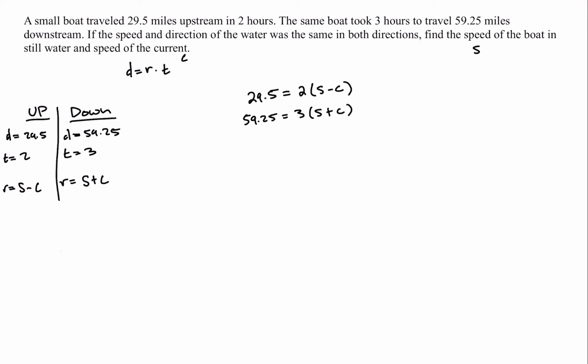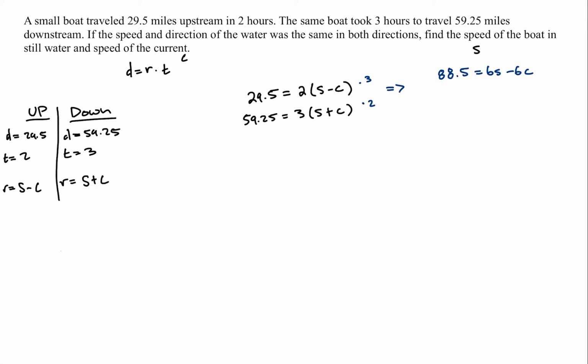Now that I have my two equations, I need to solve this some way. I'm going to do this by elimination. How I'm going to do that is I'm going to multiply the first equation by 3 and the second equation by 2. So that's going to turn into 29.5 times 3, which is 88.5, equals 6S minus 6C.